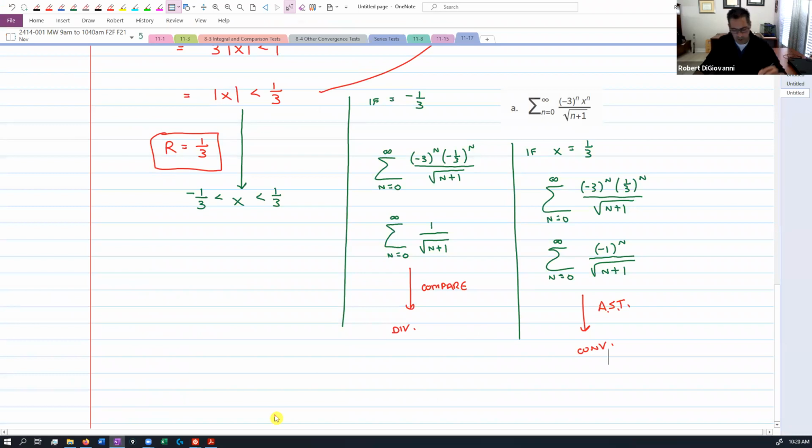So the interval of convergence for this series would be, we don't want -1/3 in there, right? Because when we plugged in -1/3, we got divergence. So it would be -1/3 to 1/3, and we do want 1/3 because we get convergence there. If you don't want to write it that way, you could write it this way. Either one of those would be okay.